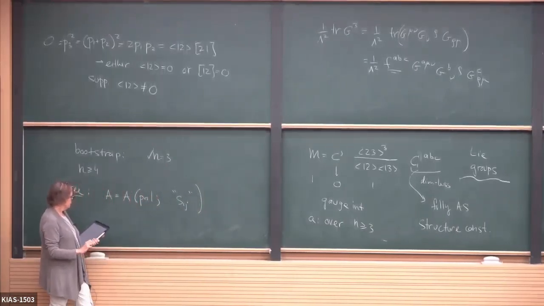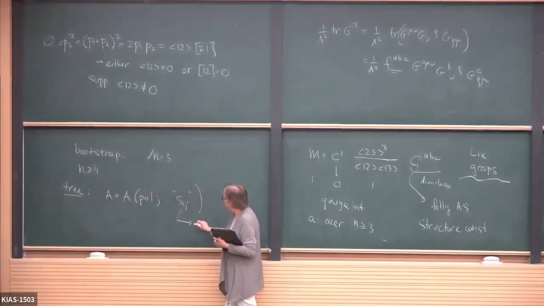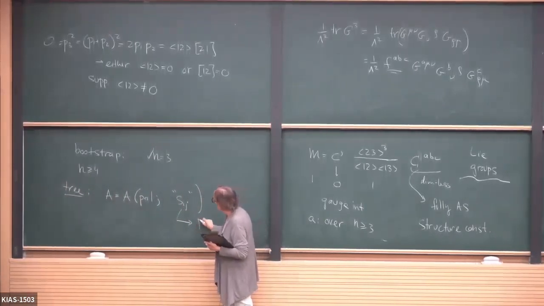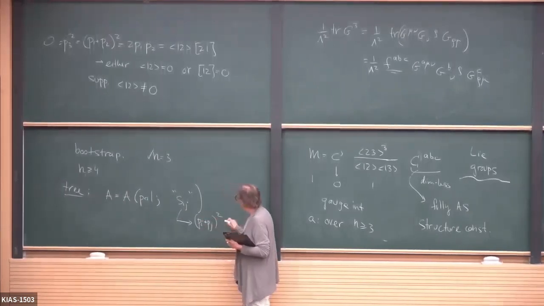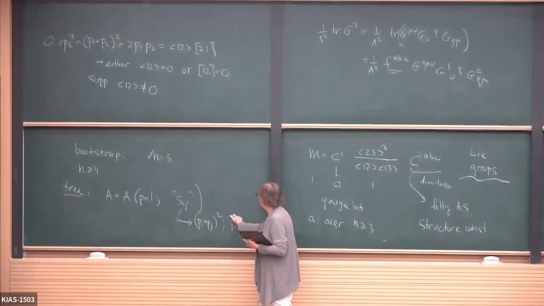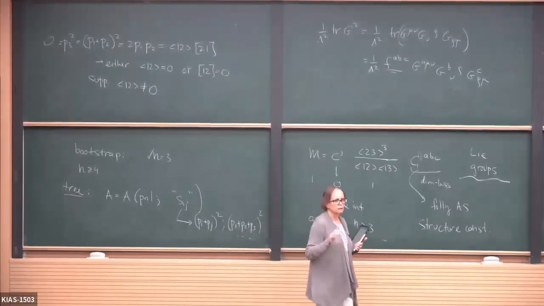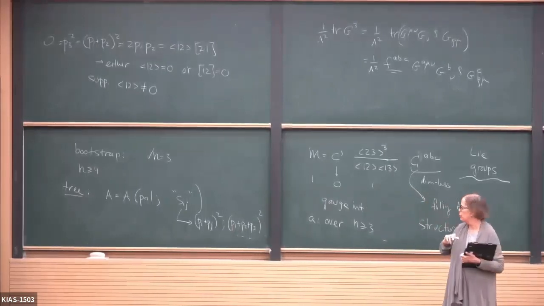I'm putting this in quotes because what I mean here is it can be something like s_ij, which is (p_i plus p_j) squared, but also I want to include here things like (p_1 plus p_2 plus p_3) squared or any other thing like that. So I'm talking about amplitudes for some higher n, even beyond 4.